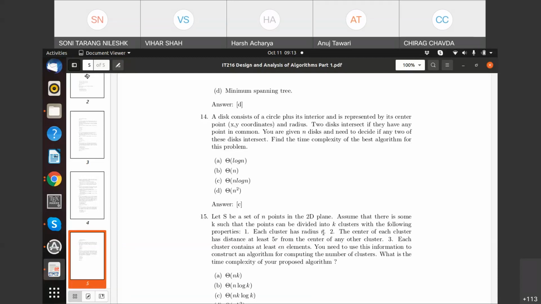That's how you use the first property. Look at all points which are at distance 2r, and all those you put in one cluster. Then pick some other point, again pick all points which are at distance 2r, and put them in the second cluster.